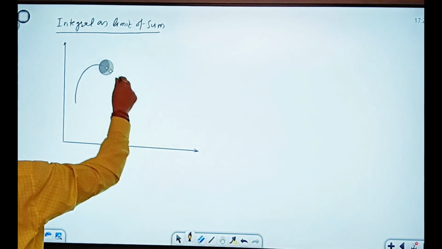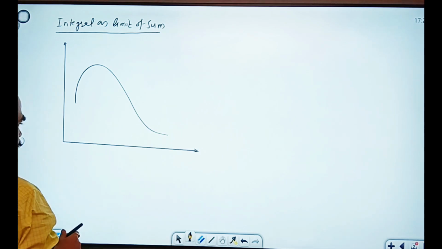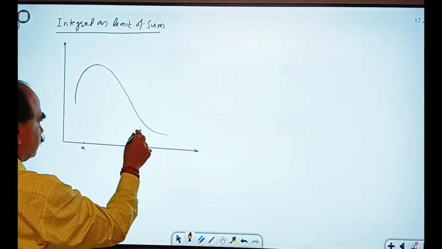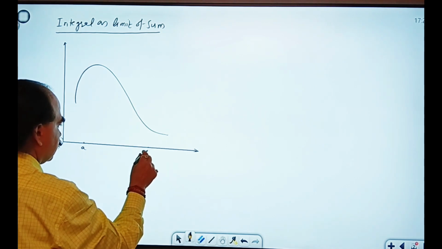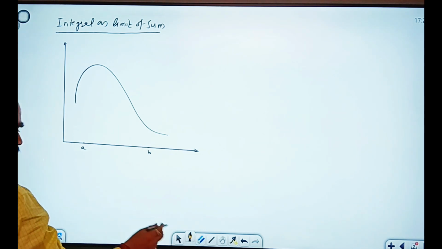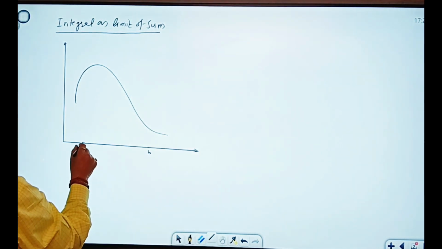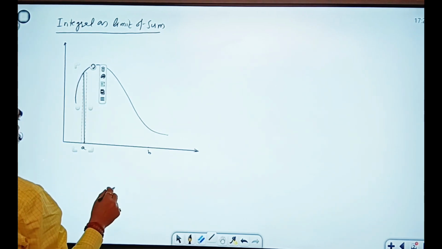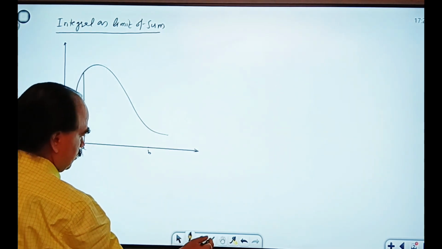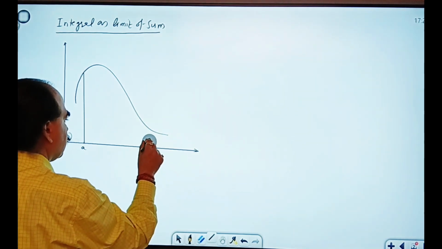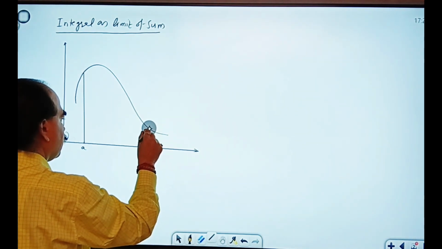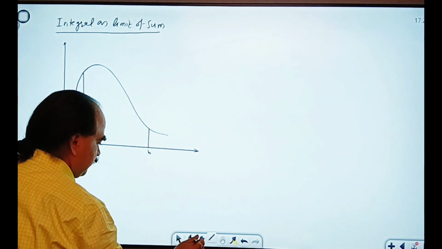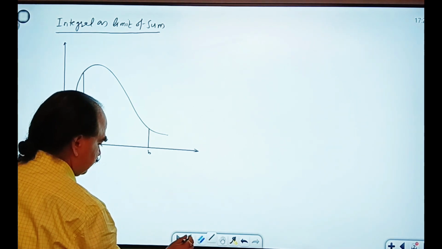This curve is defined between interval AB. A, this is B. Now we'll divide this interval AB in n equal subintervals.